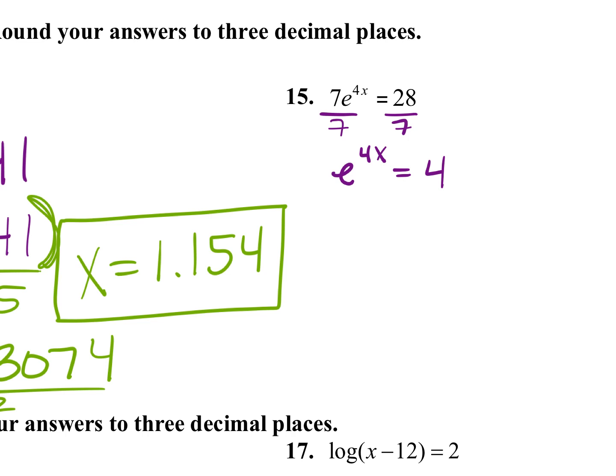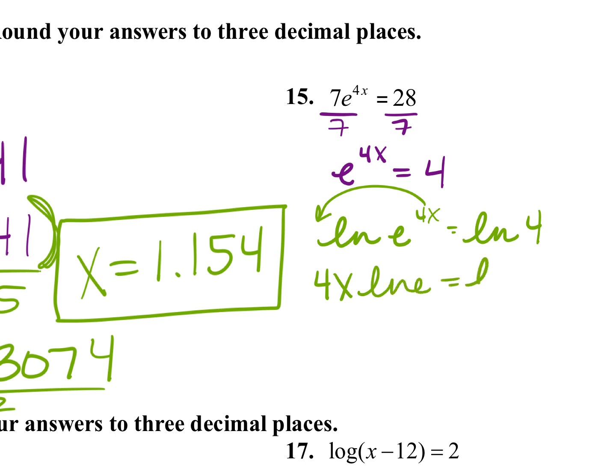What do you do next? Now you take the natural log, which is where Lenny's going to show up, right? So you're going to say the natural log of e to the 4x equals the natural log of 4. Move that 4x out in front, so it's 4x times Lenny equals the natural log of 4.